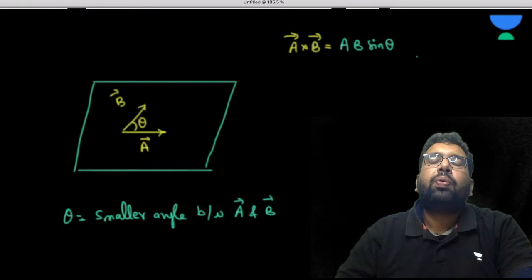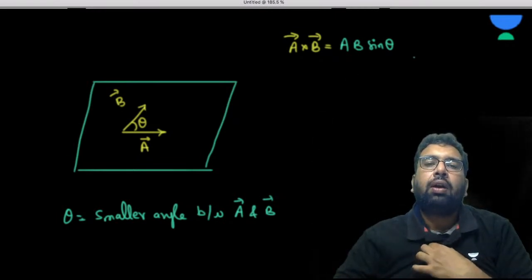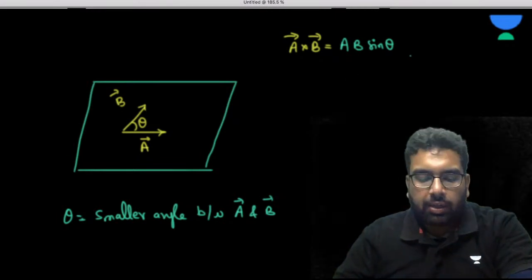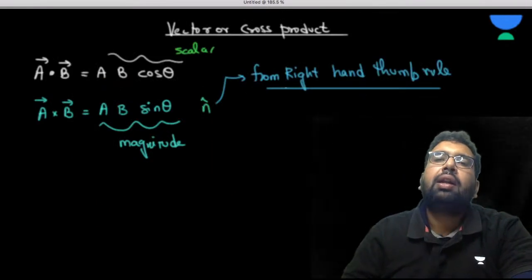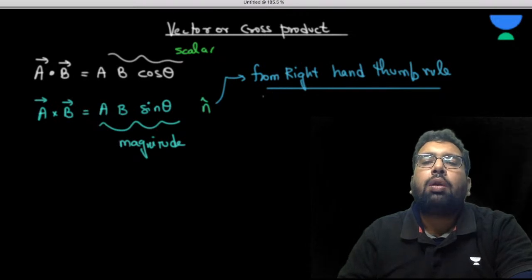And then we'll have to write the direction of this vector. About the direction, there were two concepts we have understood. We can get the direction by the right hand thumb rule.